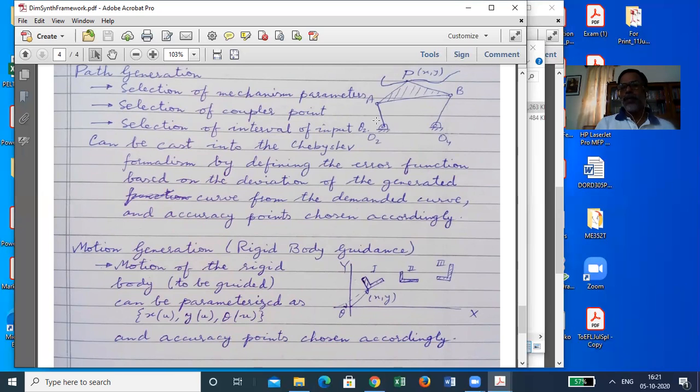Whatever that curve is, for different values of theta 2, we take its difference from the curve commanded. Okay, Euclidean distance.